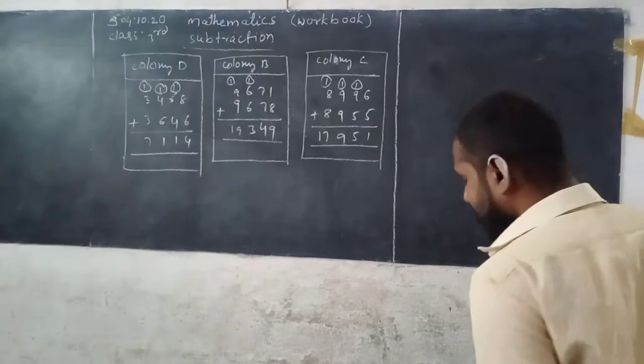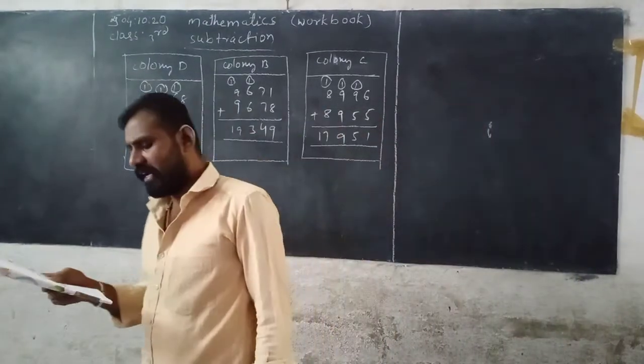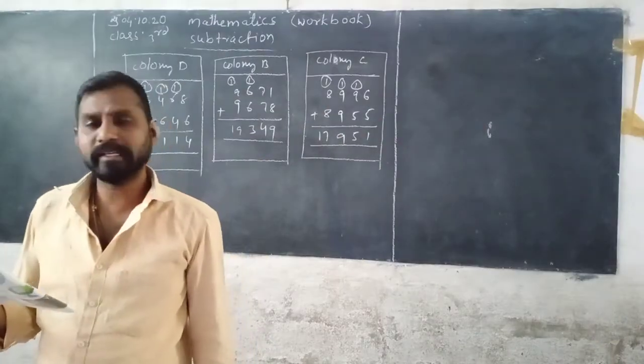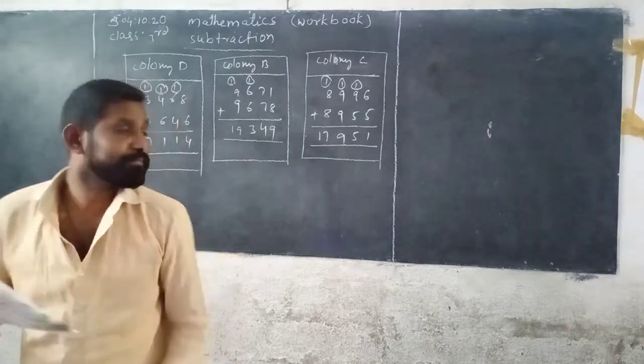See now next word problem. What is the total female population in the 4 colonies put together?